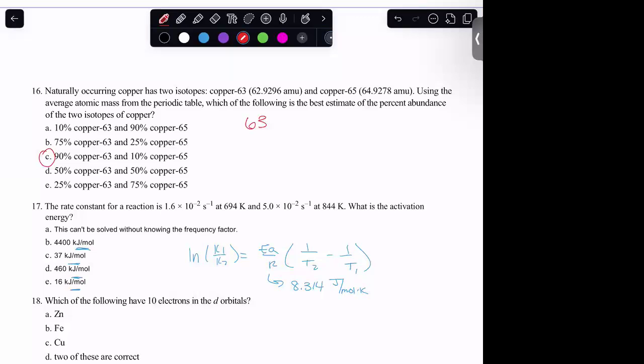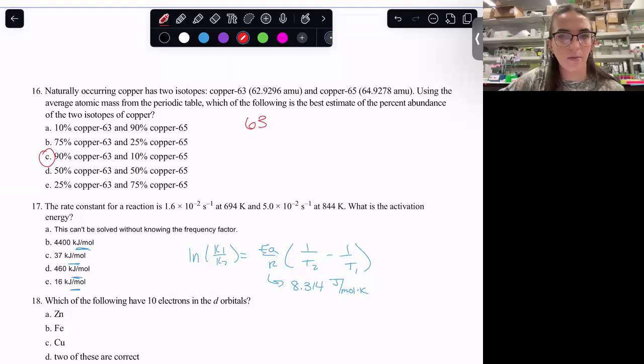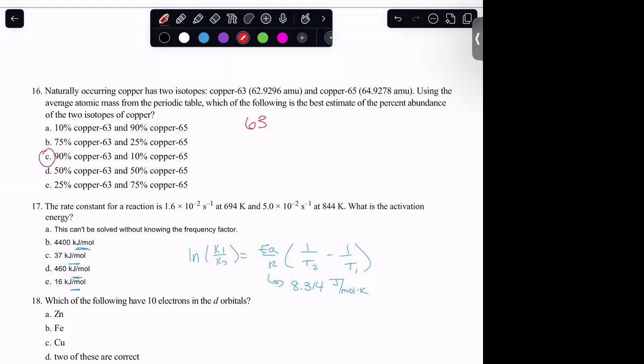Is this the mass for the one we're equating to, or are we using the mass from the periodic table? The way to solve this is you create a system of equations where you have your masses times your percent abundance, and that should equal your average, which is on the periodic table.